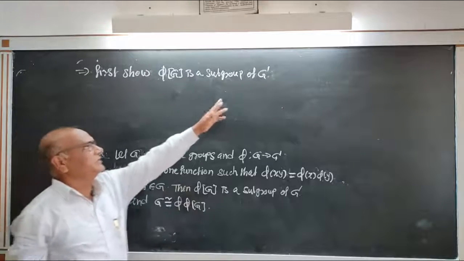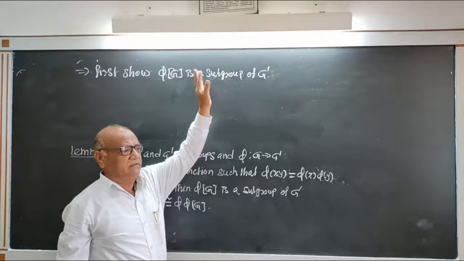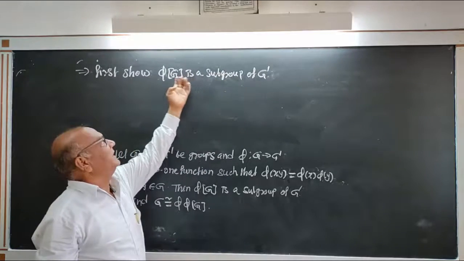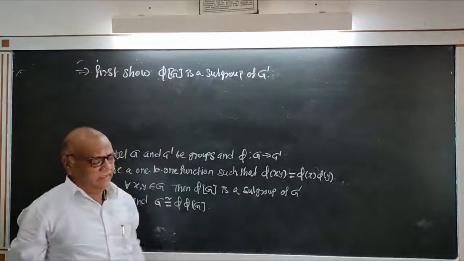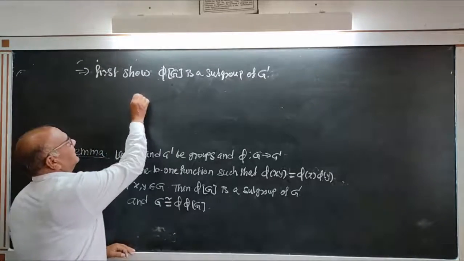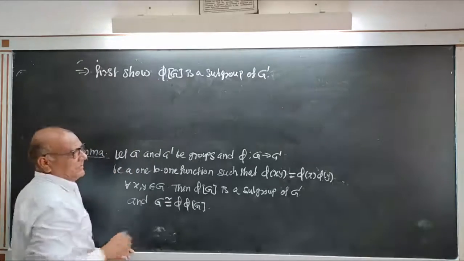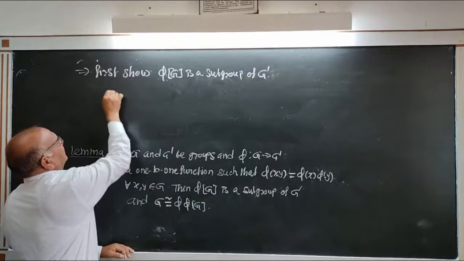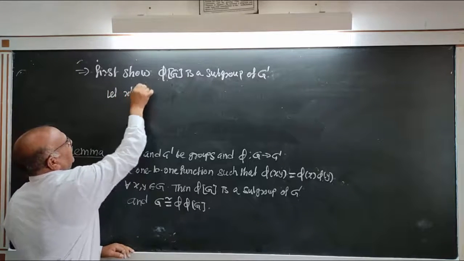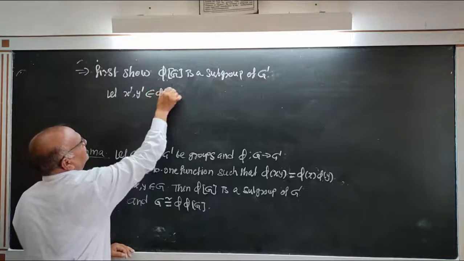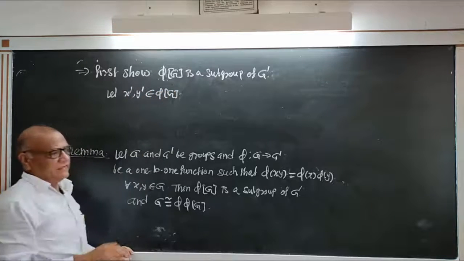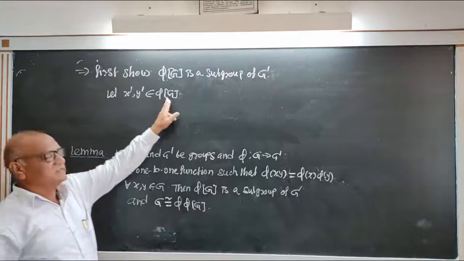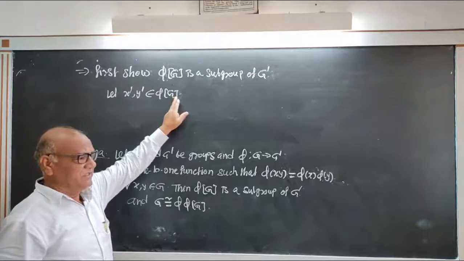For a subgroup of G dash, take any two elements from phi of G. Let x dash, y dash belong to phi of G, the set of images of G under phi.